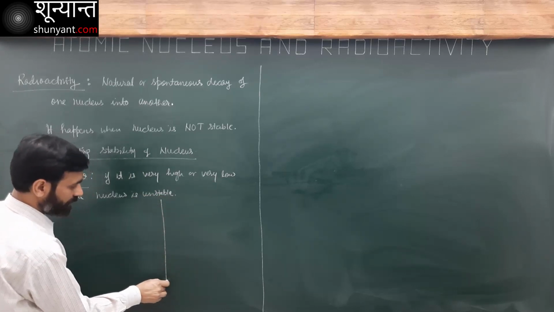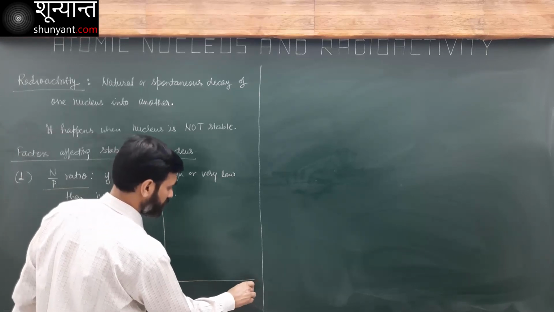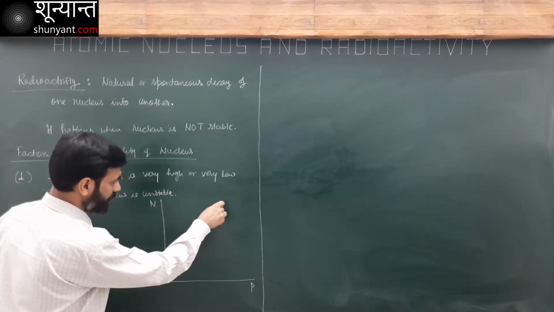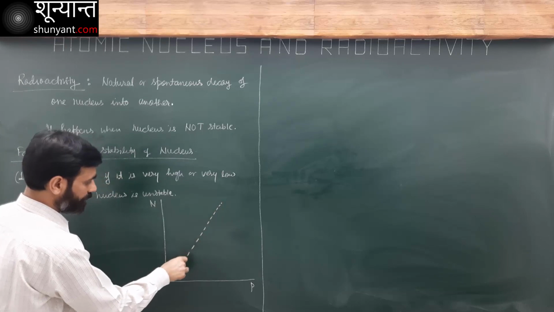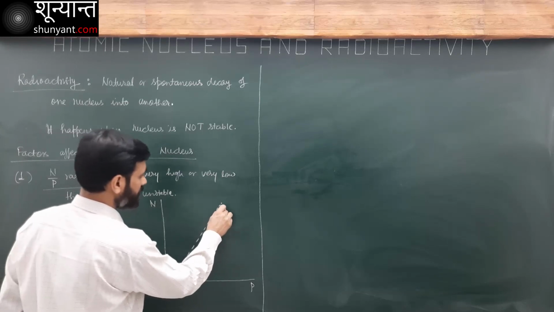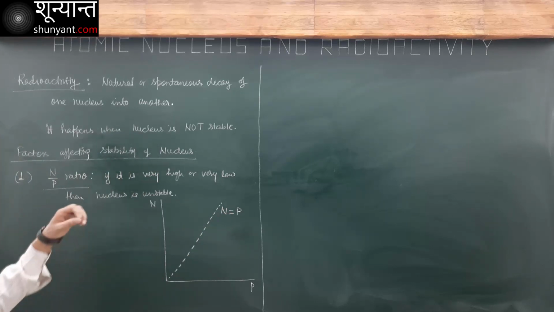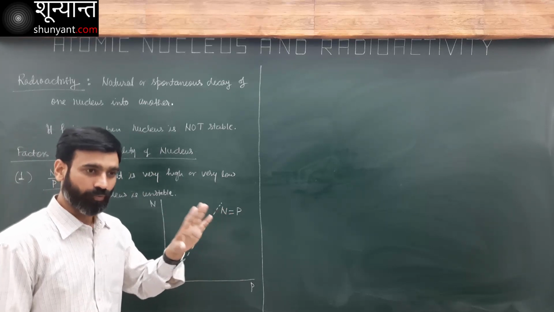Here we have the number of protons, and here the number of neutrons. This dotted line represents an equal number of neutrons and protons. So n over p is equal to 1.